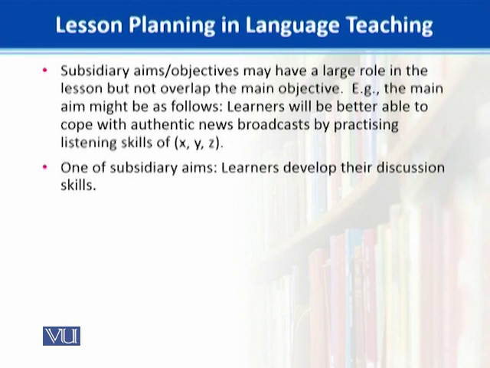For example, learners will be better able to cope with authentic news broadcasts by practicing listening skills of XYZ, etc. One of the subsidiary aims for that can be that learners develop their discussion skills. So within one main aim, there can be further sub-aims or objectives.